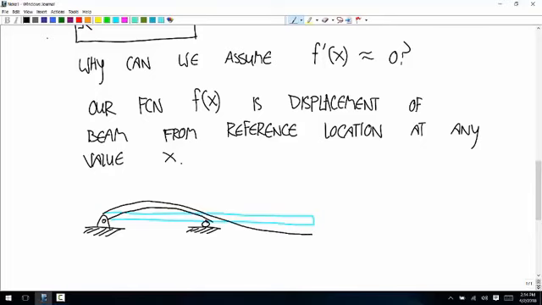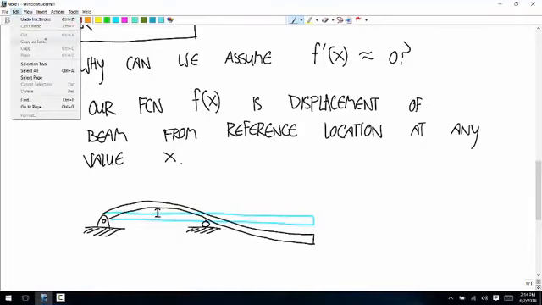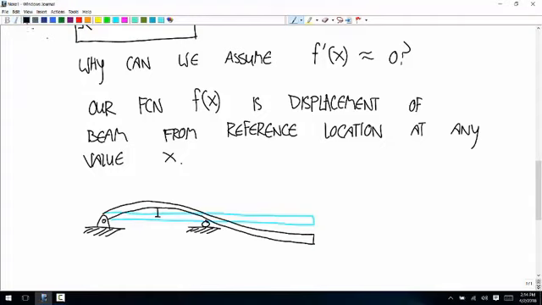This is exaggerated, but let's say that the beam does that. Then this distance here, that distance there, is our value f of x for that x value.